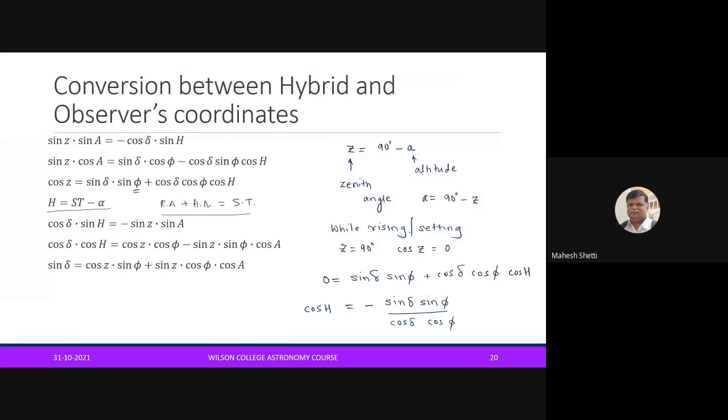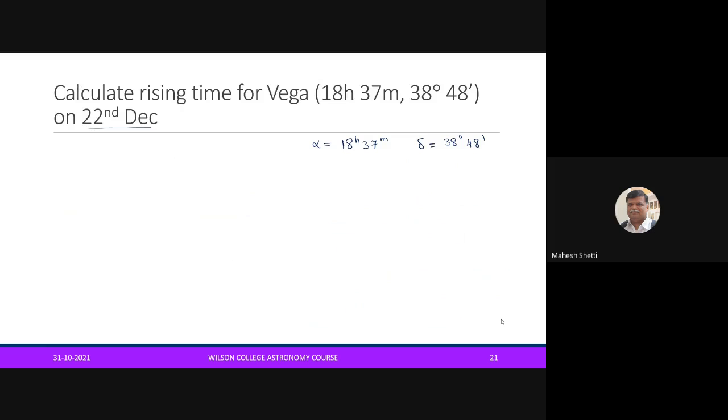What it means is, while rising or setting, cos h is minus tan delta tan phi. And this is a very, very useful formula, which we'll be using now. So while rising or setting, cos h is minus tan delta tan phi. So let me write that.